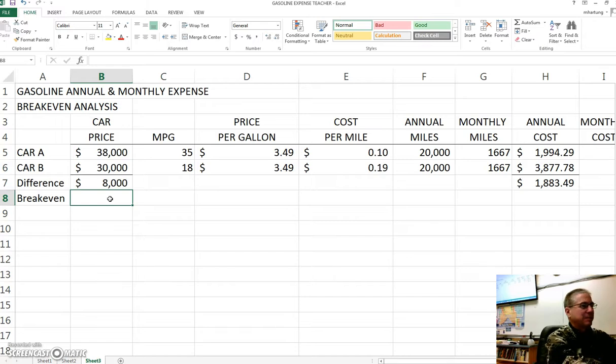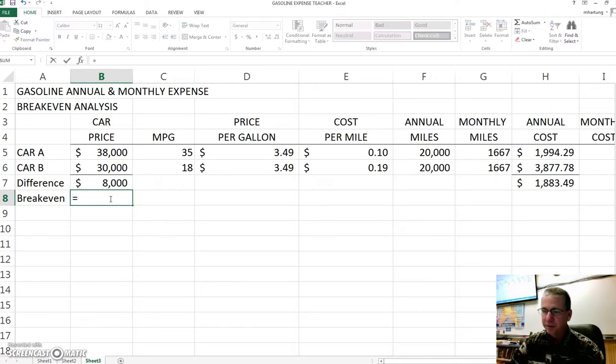Equal sign. Here's the difference in what we have to pay for that car. So click on that 8,000, the difference on what we have to pay, divided by how much we're going to save each year. Let's see what that gives us.